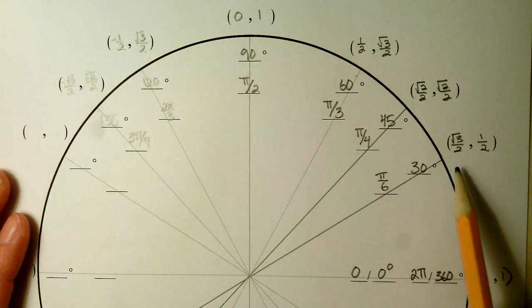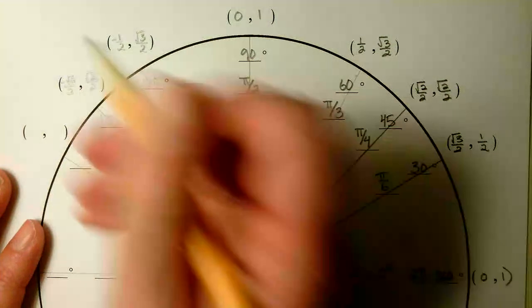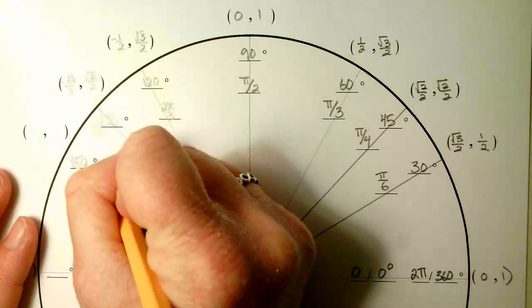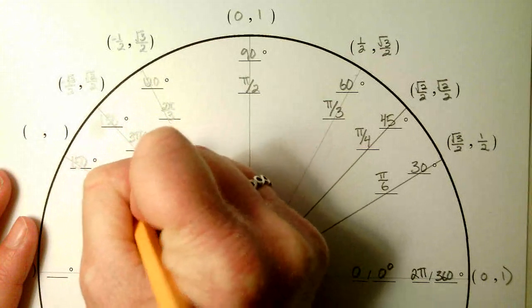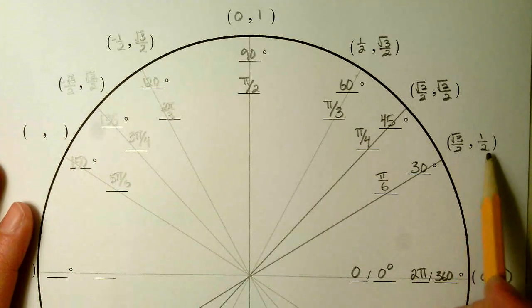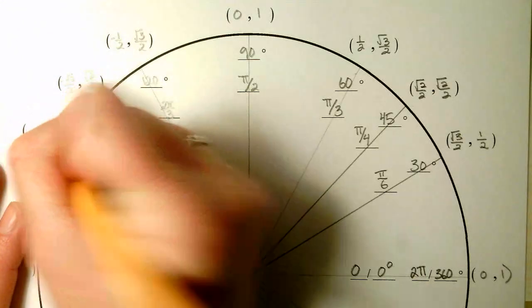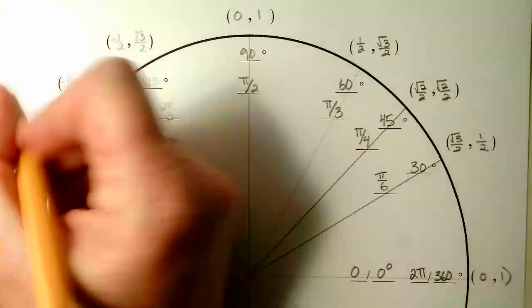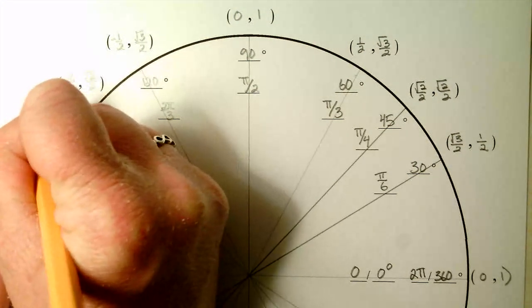Okay, our next one, this is 150 degrees, or 5 pi over 6. And again, my y value is staying exactly the same on the point of its reflection, but my x value is the negative.